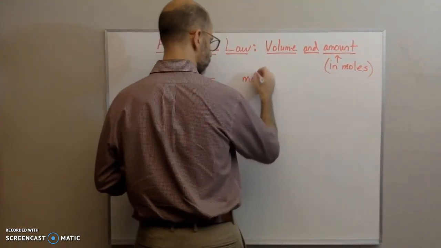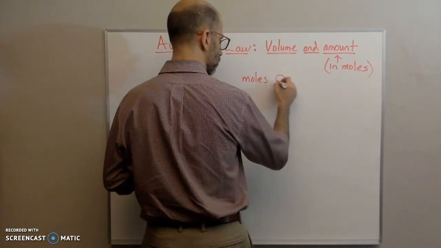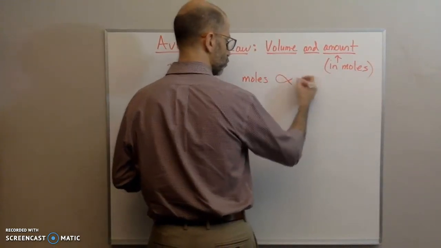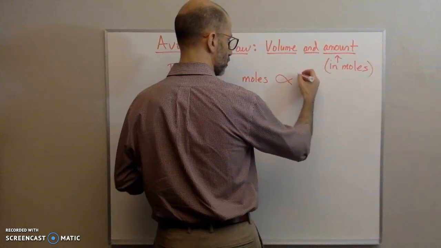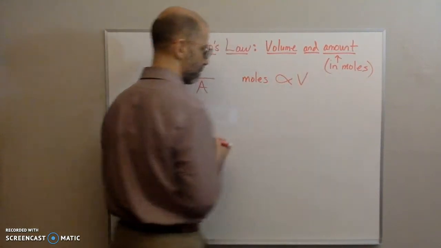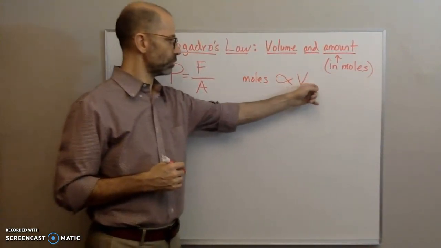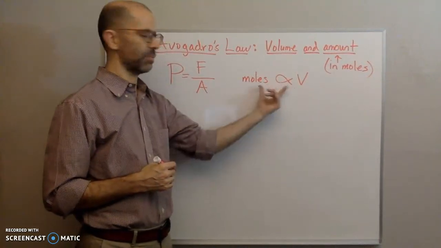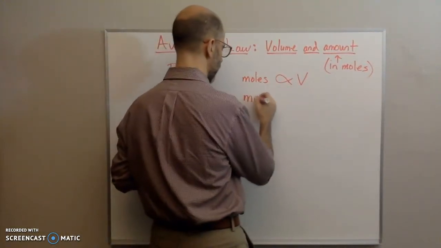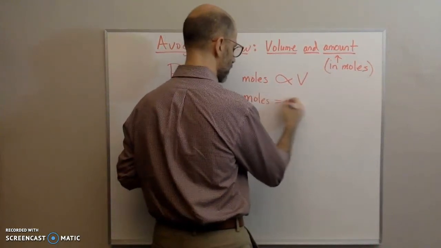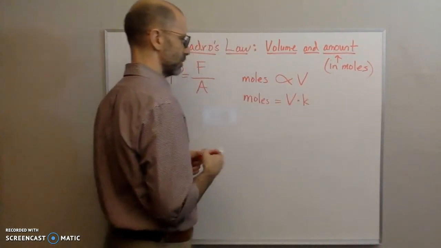So moles of the gas is going to be proportional to the volume, right? And again, if we make this an equality, I can multiply by some constant. So the moles of a gas would be equal to the volume multiplied by some constant.